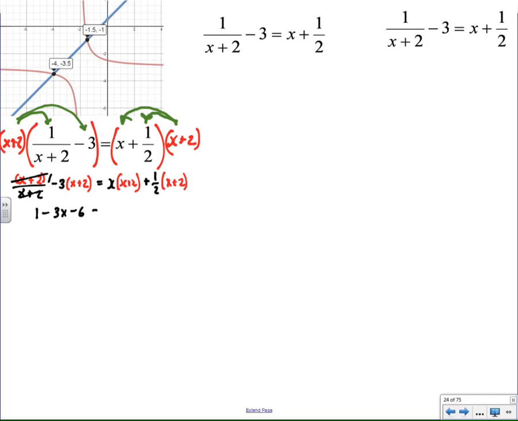In the first case, the x plus 2's divide out to 1. In the second case, I distribute the negative 3. Careful there, the negative 3. And here I distribute x into x plus 2 and 1/2 into x plus 2, also known as foiling.